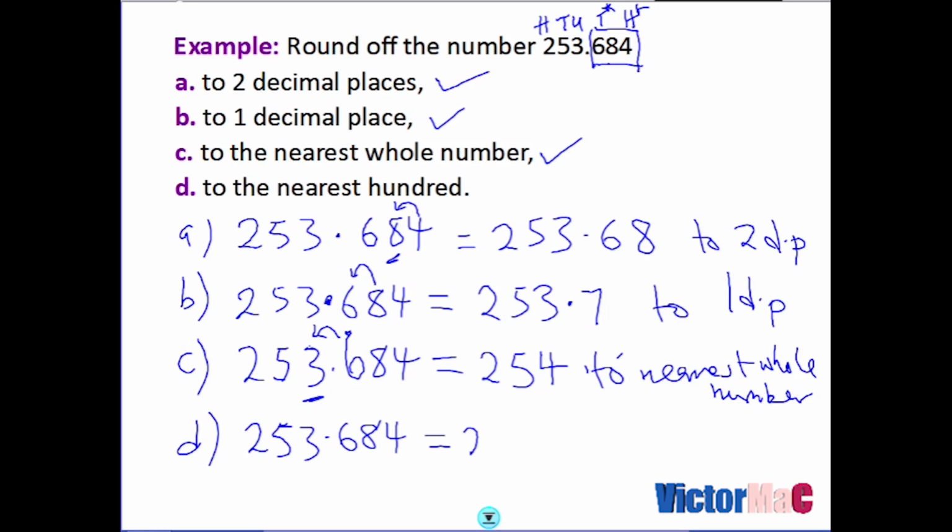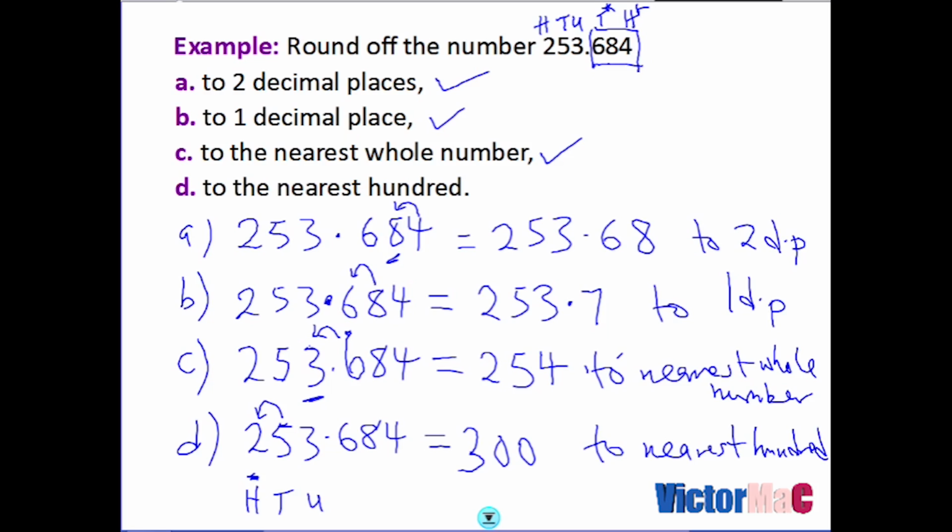Before I write this place value, which is 100, because this is 10, this is our unit, before I write this 2, I will ask, will this 5 round this up? Yeah, definitely to round it up, so we're going to have 3. And then at this point, we fill in with zeros up to the units. We can also write it as 300.000, but just leave it like this. So 300 to the nearest 100.